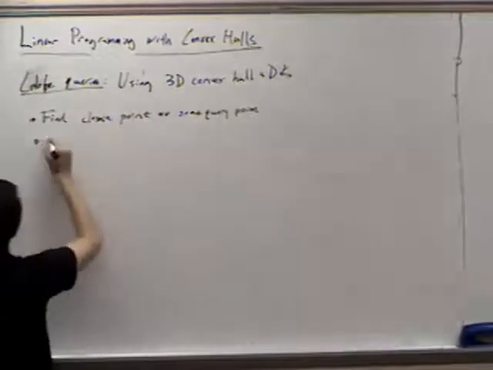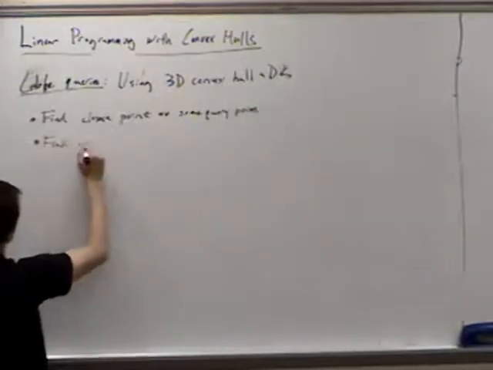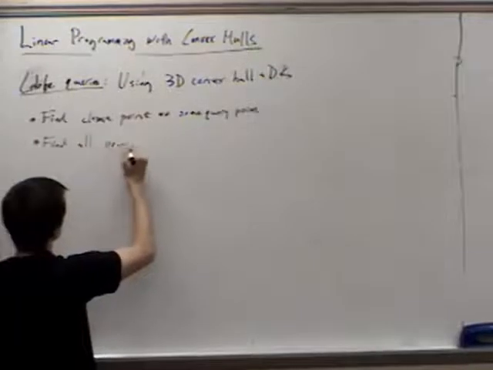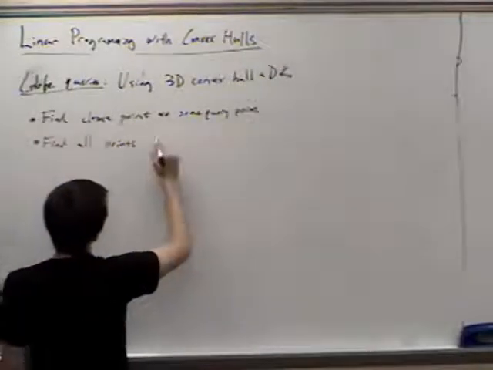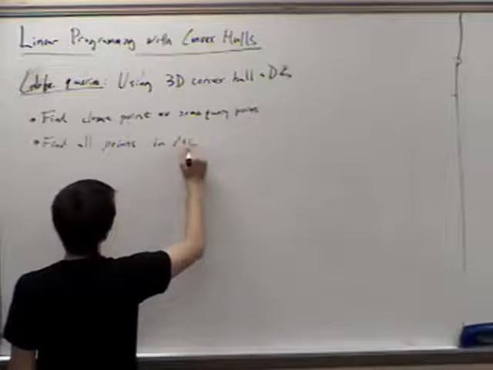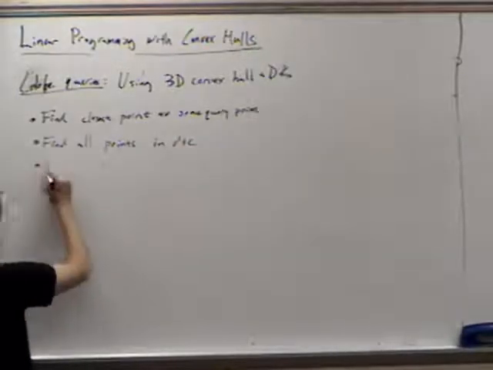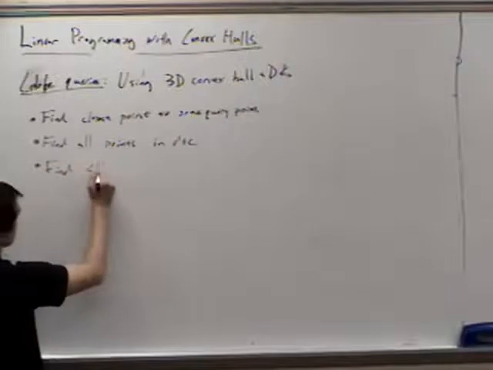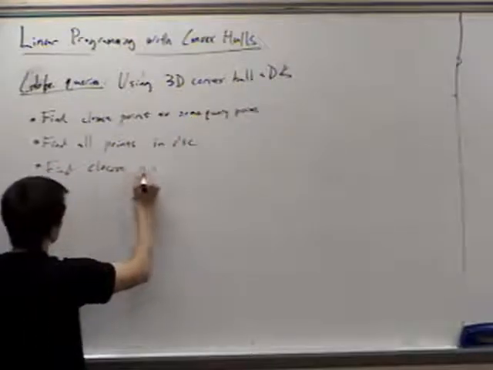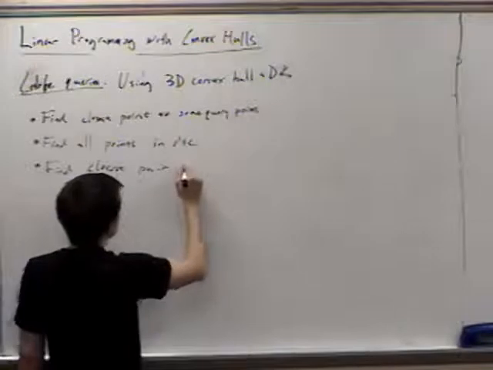Another type of query is find all points in a disk. And then we can also do things like find the closest pair of points on a sphere. So these are all on a sphere.